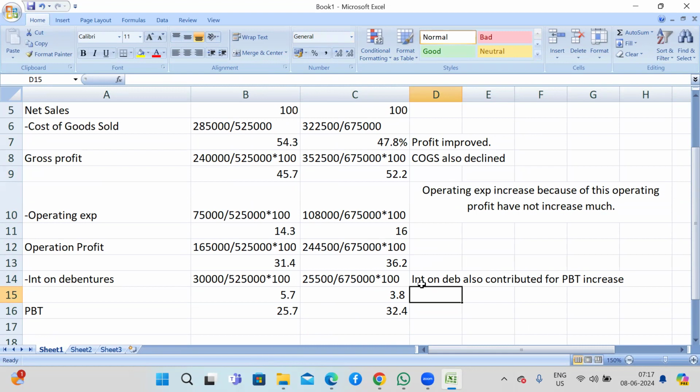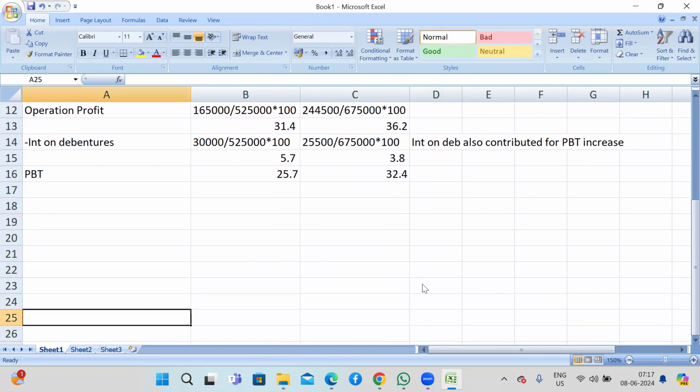So these were the comments we need to write. So now we are going to move to question number B.